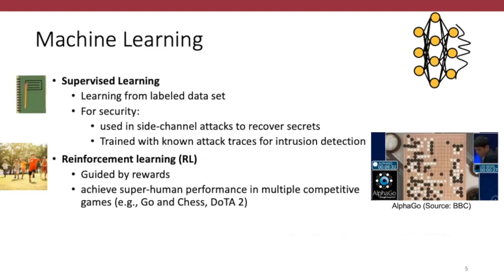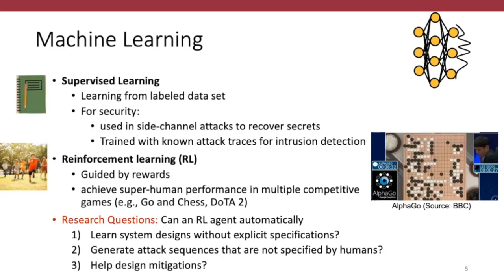We have seen earlier work on how to use supervised learning to help an attacker recover secrets in a side channel attack. And also with labeled data, supervised learning can be used to train a detector to detect known attacks. It can only be limited to known attacks because we need to have a labeled data set.